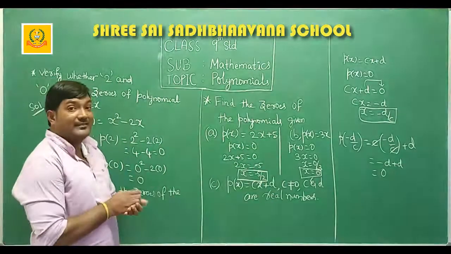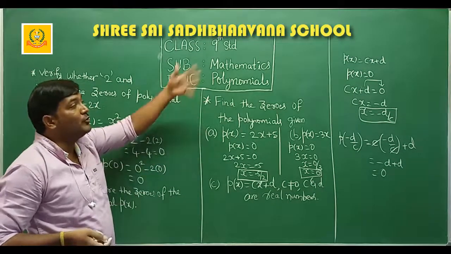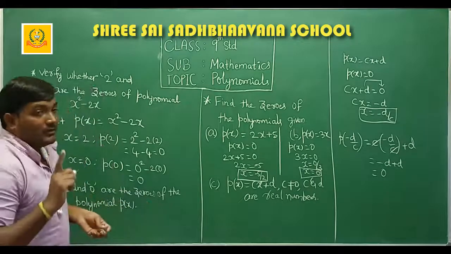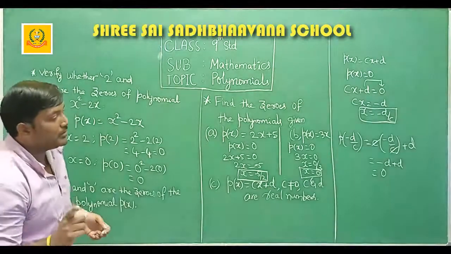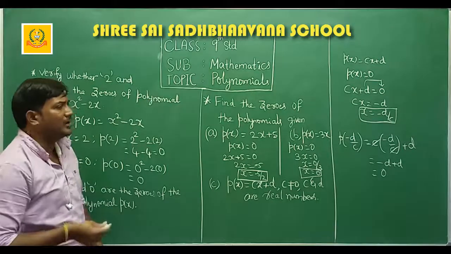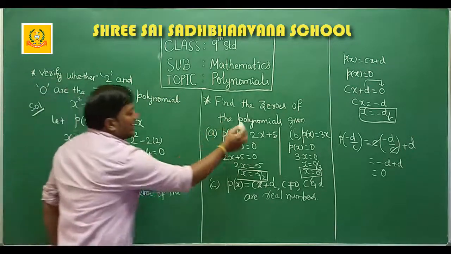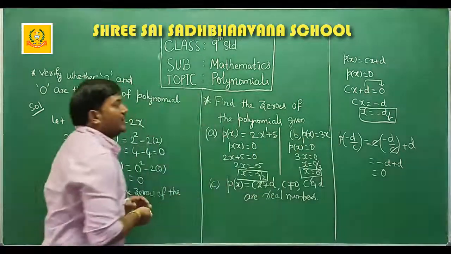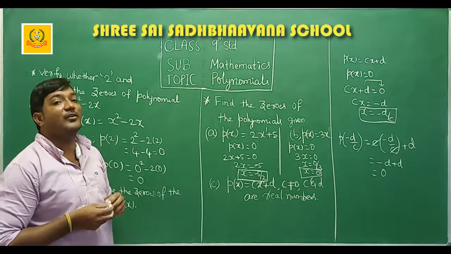And one more thing we discussed in the last class: how many zeros can a polynomial have? I am just repeating that once again. Always remember that it depends on the degree of the polynomial. Here, the highest degree of x is 1. Everywhere you look, the highest degree of the polynomial is 1.